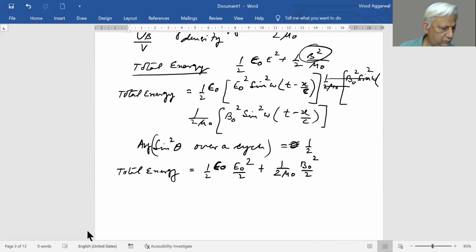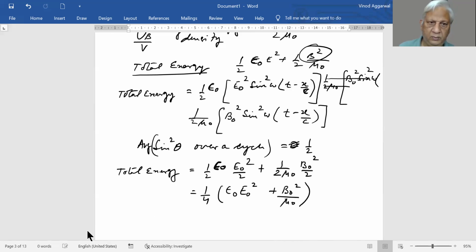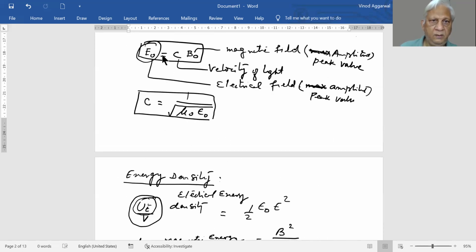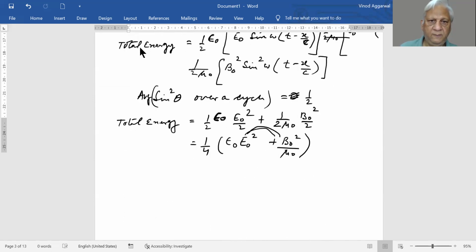So this actually becomes this, our total energy, and we can convert E to B or B to E by this formula. E is convertible to B and B is convertible to E. Okay.